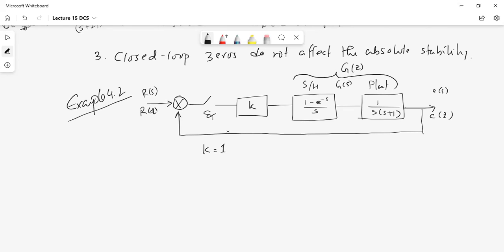Even if it is not given, and you don't want to find the range of k, you can assume it to be 1. So G(s) is (1 minus e to the power minus s) by s, times 1 by s(s plus 1). This is, I think, an example from the previous chapter.